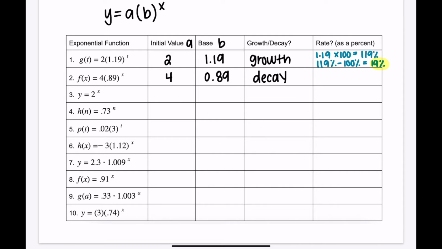We're going to think of the base as a percentage, so we're going to do 0.89 times 100, and that gives us 89%. So 89% is less than 100%, but how much less? That's what tells us the rate. So we're going to do 100% minus 89%, and that gives us 11% of decay.